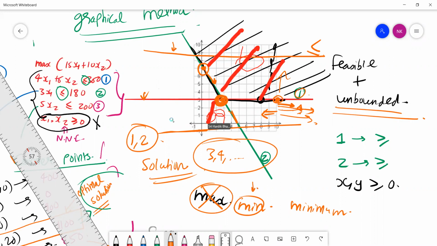This portion will be coming, and this portion also will be coming in the region. The bottom portion will come only if you are not having this first equation. If you are having this first equation with a greater than or equal to sign, you won't be able to have this bottom portion, because the region will only have the top portions, since it is the greater than sign.